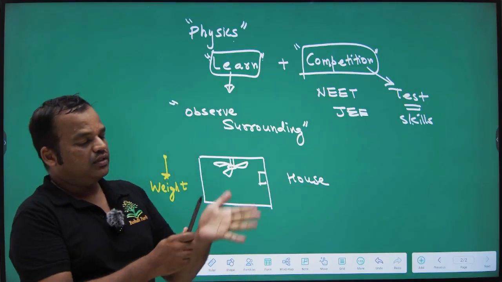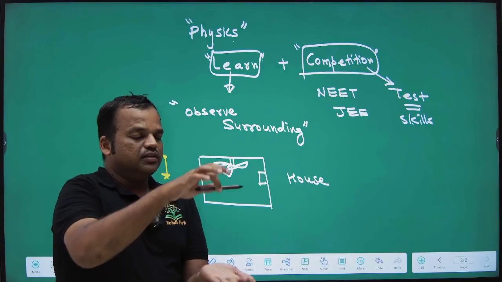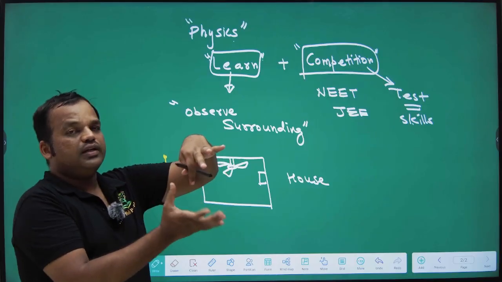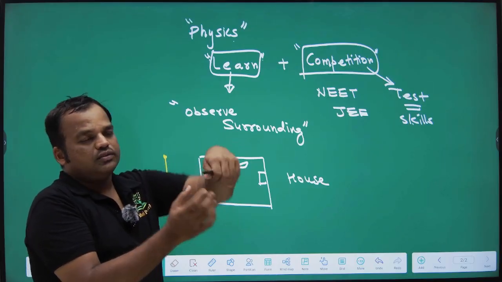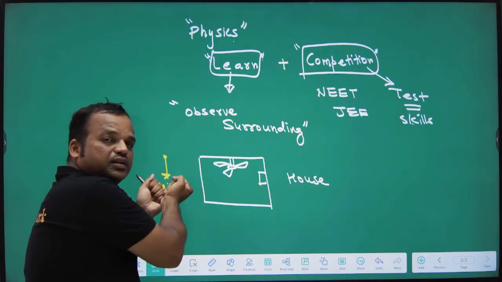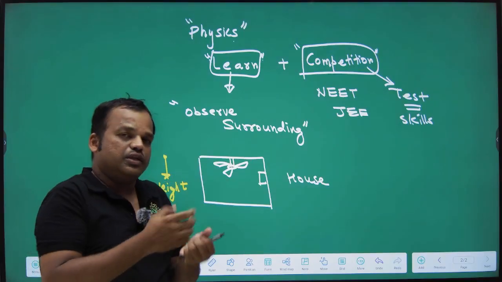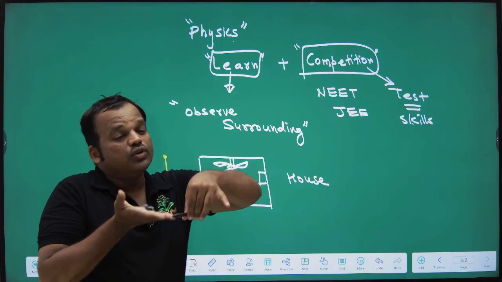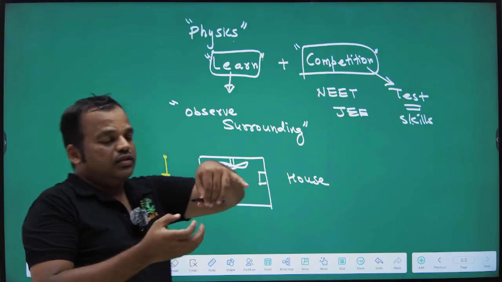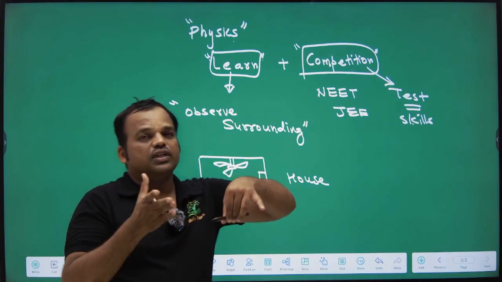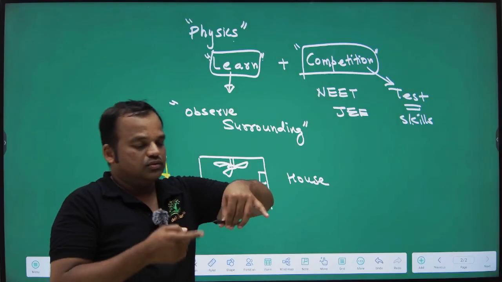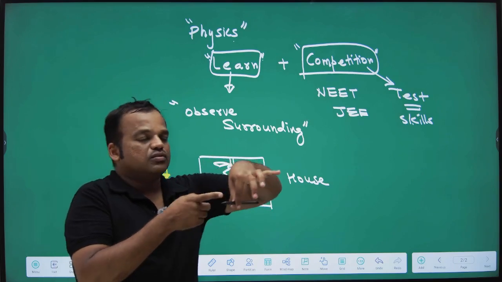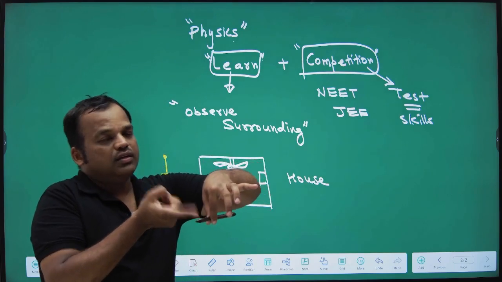For example, if you release this object, it falls, but now I am holding it, so it is not falling. That means Earth is pulling it down, so it should fall, but it is not falling. So something is pulling it up also. If Earth is pulling it down, something is pulling it up too. That is my hand. My hand is holding this pen, so my hand is pulling this pen upward.